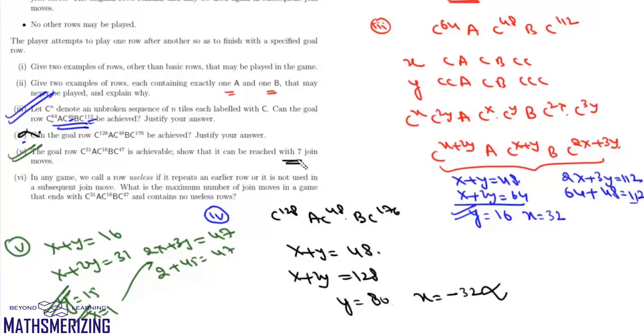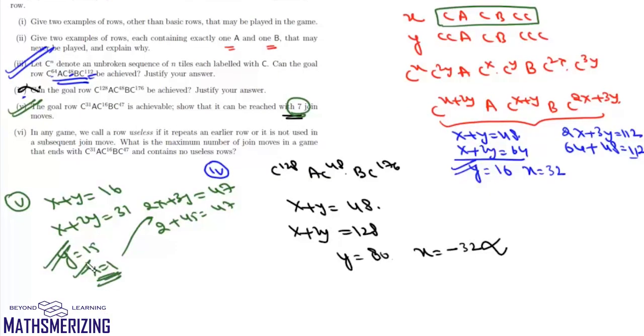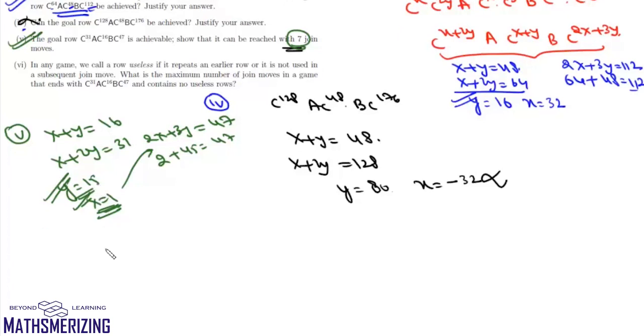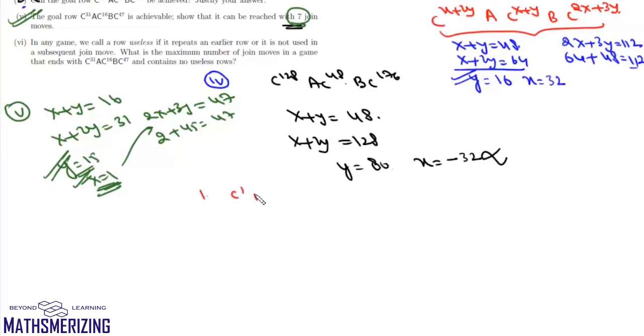Now we need to show that it can be reached with 7 join moves. So we have 1 x and 15 y's. So we can start with our basic rows. The first basic row is C1 A, C1 B, C square, and the second basic row is C square A, C1 B, C cube.